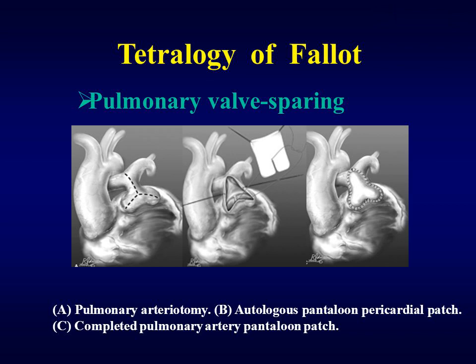Tetralogy of Fallot. Pulmonary valve sparing. A. Pulmonary arteriotomy. B. Autologous pantaloon pericardial patch. C. Completed pulmonary artery pantaloon patch.